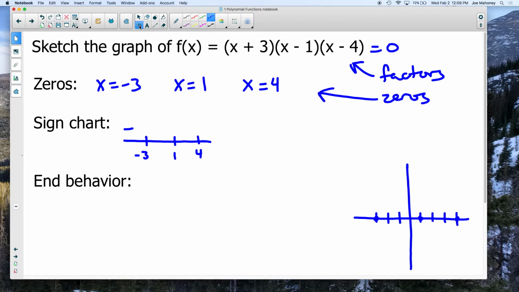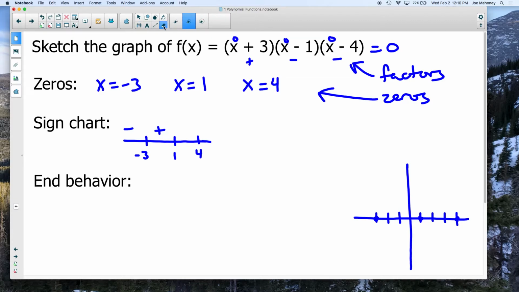So if I plug in 0 for x each time, 0 plus 3 is a positive number. 0 minus 1, negative number. 0 minus 4, negative number. So positive times negative times negative is a positive number. And that should make sense because negative 3 is a 0. If a graph is negative on one side of a value and positive on the other side, it has to be 0 at that value.